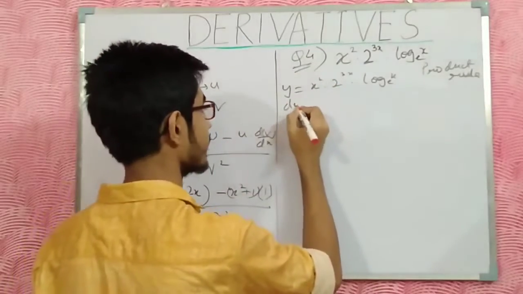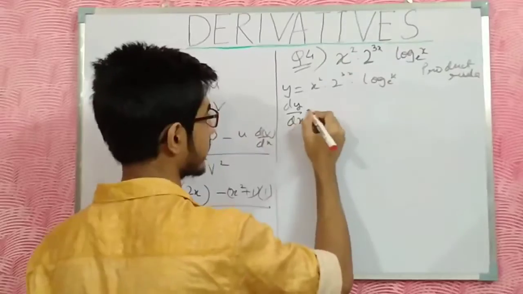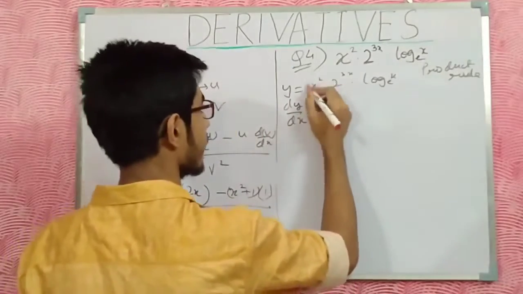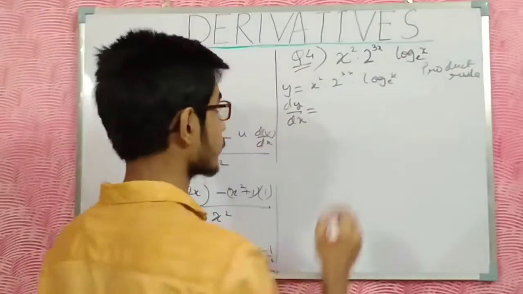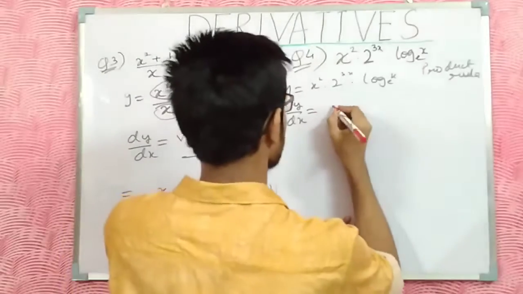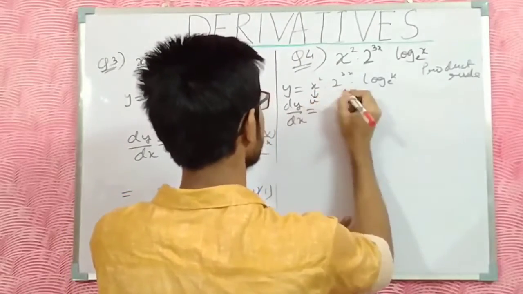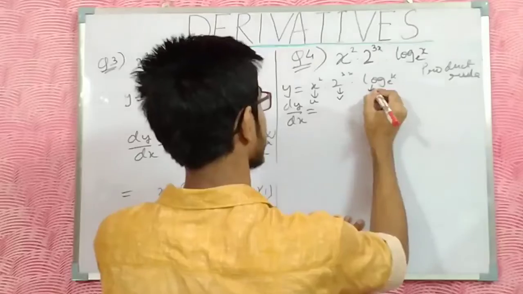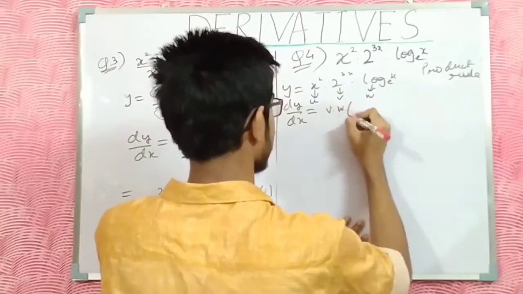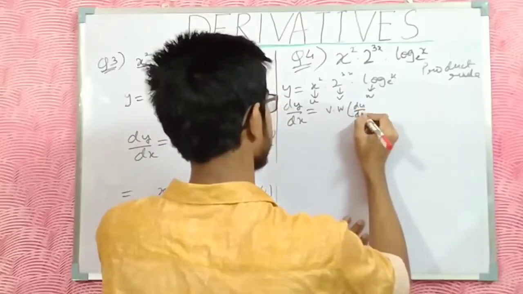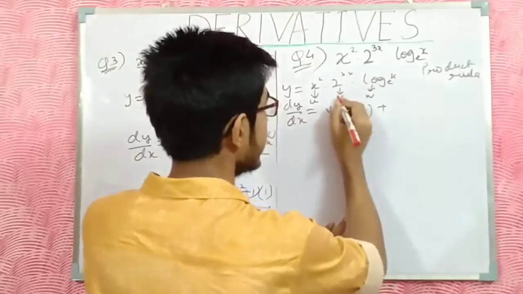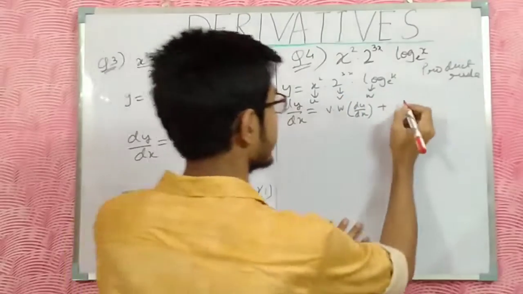Then I will differentiate it as dy by dx. I have taught you the product rule, just to recapitulate. The function that is first, I will differentiate that, and the rest will be outside. So let's take this as u, this v, and this w. So v into w, then du by dx, plus, in the middle, v is differentiated.